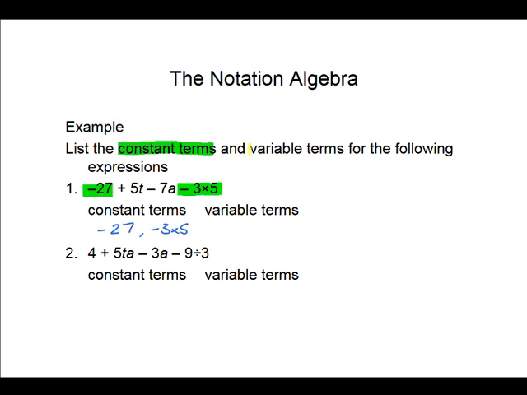So the variable terms are the ones in yellow. Remember, the negative sign is part of the term. So the variable terms are 5t and negative 7a.